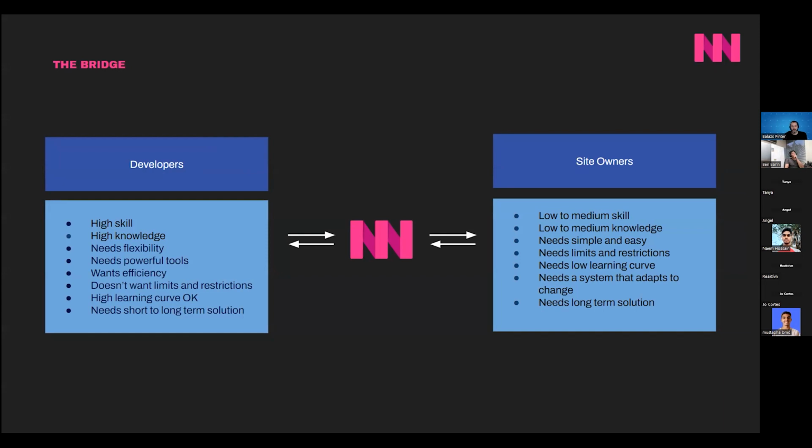Then it's easier for the end user, the site owners, to use, but it's more frustrating for developers to work with. If the system is very technical, it then is difficult for the site owners to work with down the track when you hand over the site, and that gap has been very difficult to bridge.